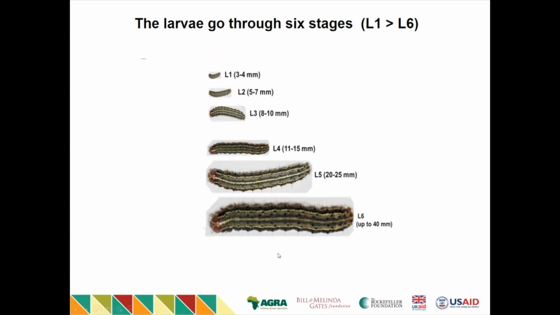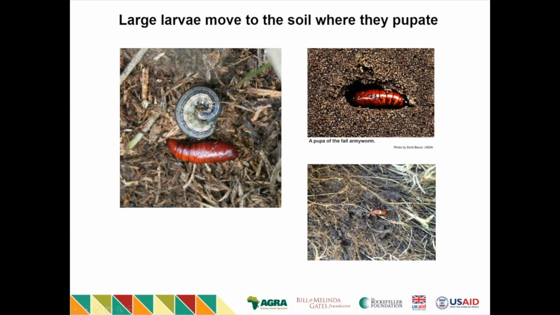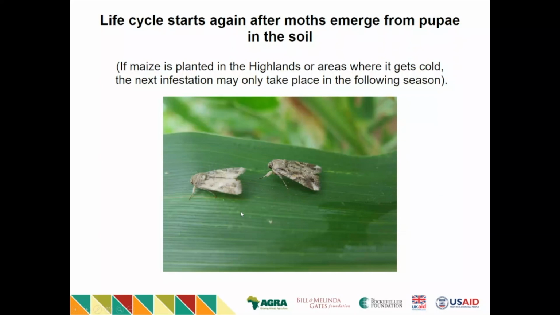And they develop through these stages. And then the larva climbs off the plant and the pupa forms inside the soil. Here's a fall armyworm pupa 2 or 3 centimeters below soil level or in the plant debris. And then when the pupal stage is completed, the moths come out again and they continue the cycle.